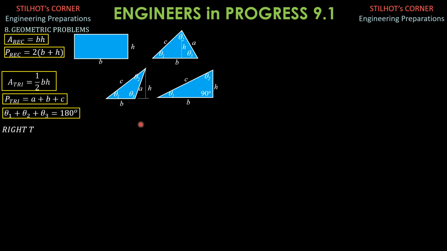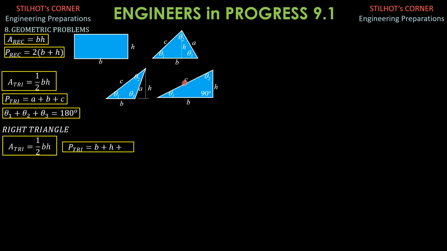Then for the right triangle, which is this, in addition to the formulas here, the area is still 1/2 base times height, 1/2 the product of the perpendicular dimensions, and the perimeter in this case is b plus h plus c. And for the Pythagorean theorem in trigonometry, we have b squared plus h squared equals c squared.